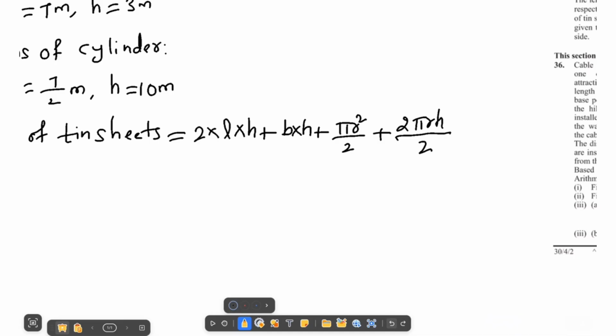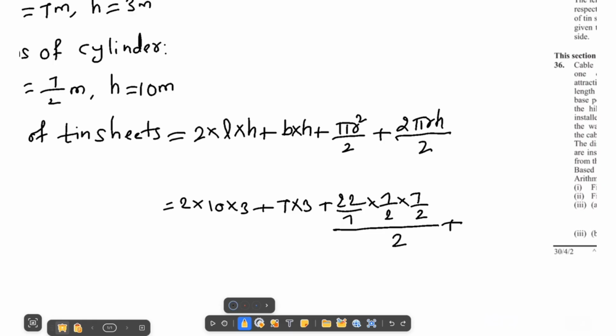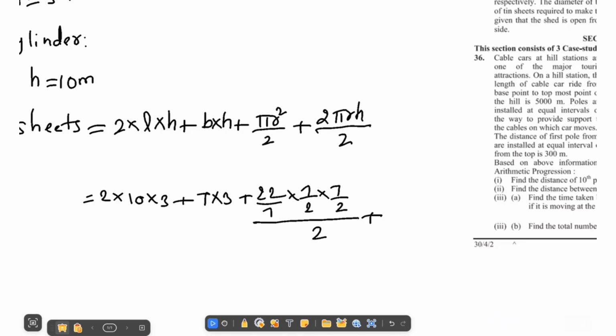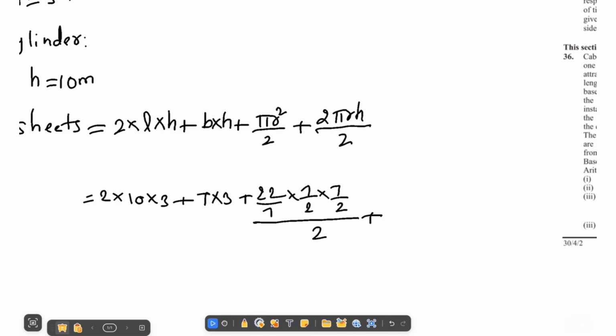2 into L is 10, H is 3, plus B into H, B is 7, H is 3, plus pi value 22 by 7 into r square, where r is 7 by 2, so 7 by 2 into 7 by 2, pi r square by 2, plus 2 pi r h by 2. Here the 2 gets cancelled and we have pi r h.